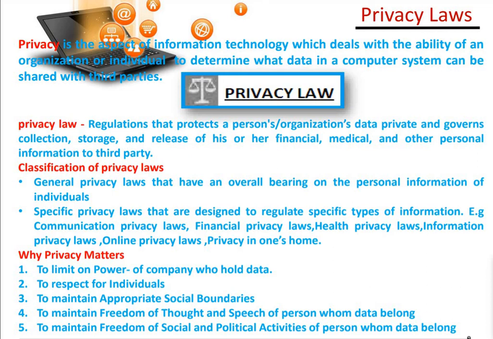Classification of privacy law: general privacy law, that has overall bearing on the personal information of the individual, and specific privacy law designed to regulate specific types of information, for example communication privacy law, financial privacy law, health privacy law, information privacy law, online privacy law and privacy at home also.